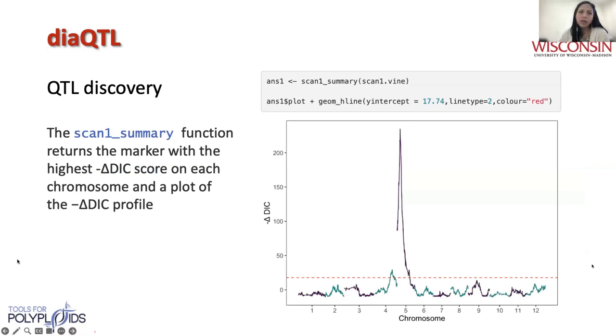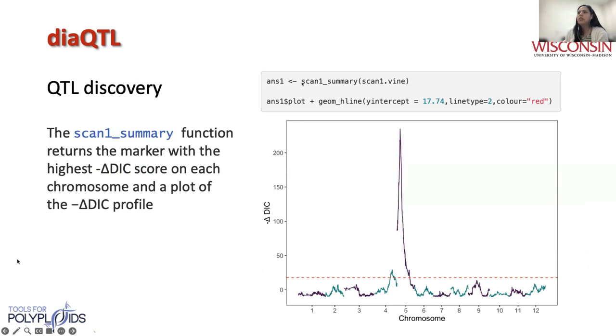So then once you have the threshold determined, you will use the scan1 summary function to return which markers have the highest DIC scores on each of the chromosomes, and it will plot it with a profile where you can also determine your threshold. It's using functions from ggplot2, and pretty much you will just draw an intercept where you will put the threshold that you previously determined.